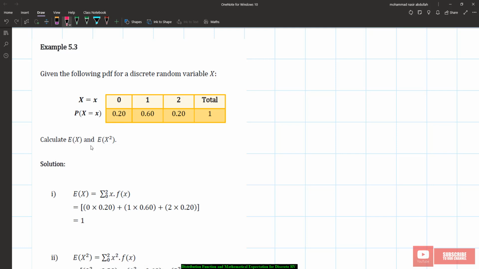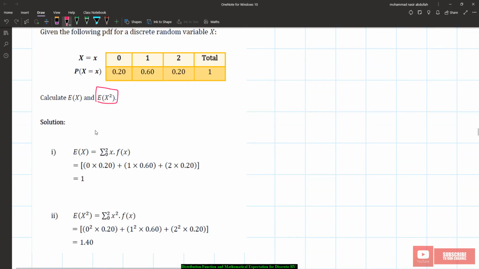The same concept applies if you want to find the expected of x squared. So now look at the question for example number 5.3. If you want to find E(x), we're going to use E(x) equal to the summation of x multiplied with f(x), where xi is from i equal to 0 to 2.